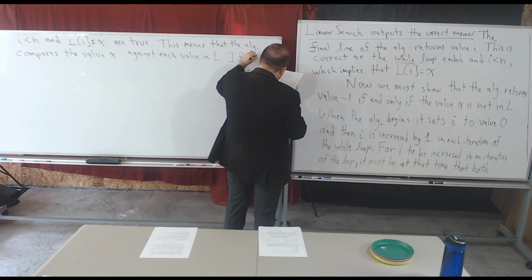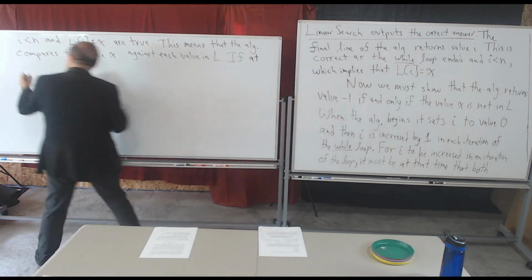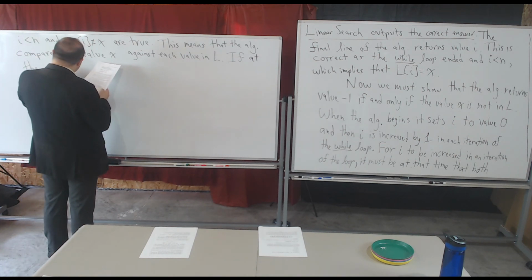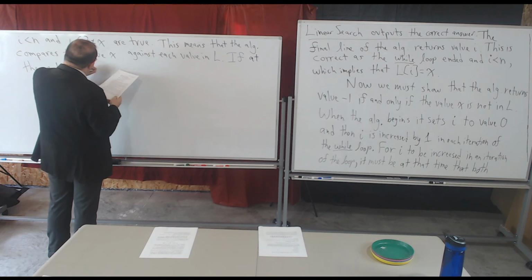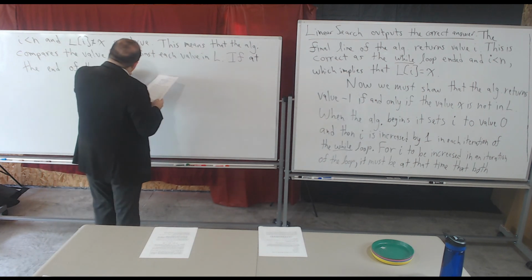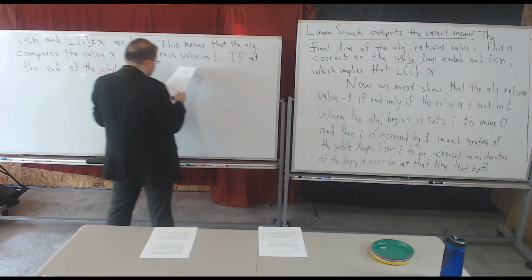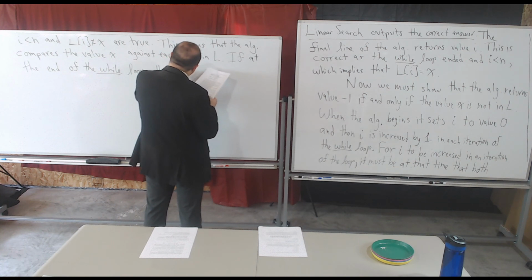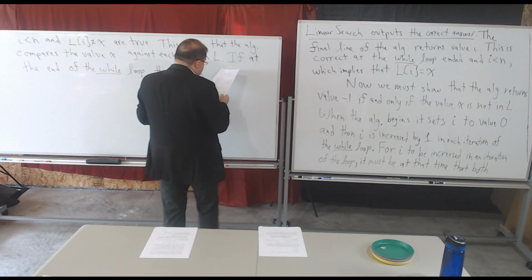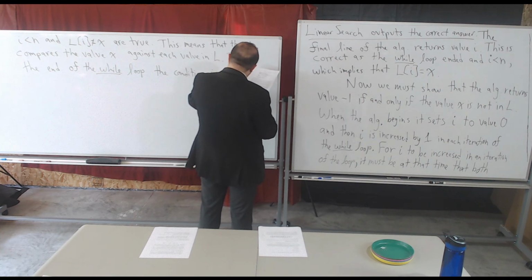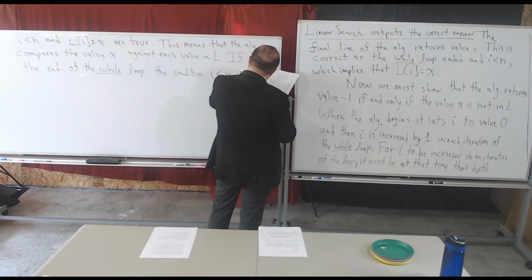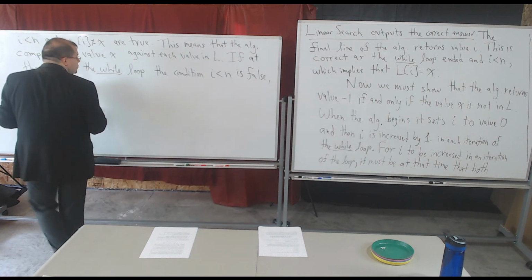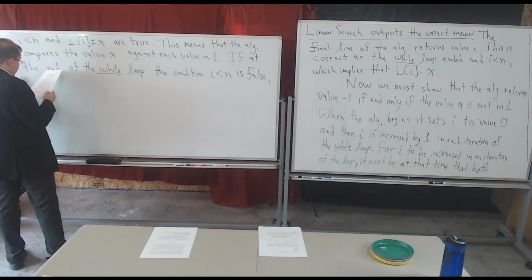if at the end of the while loop, the condition I is less than n is false. What does that mean? If it fails, that means I is equal to n, right?